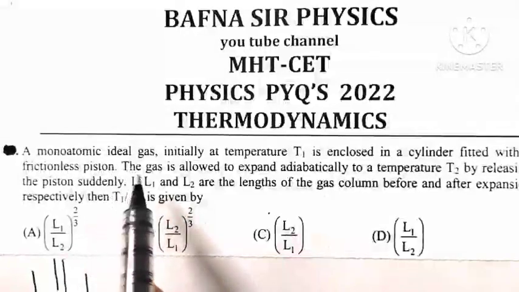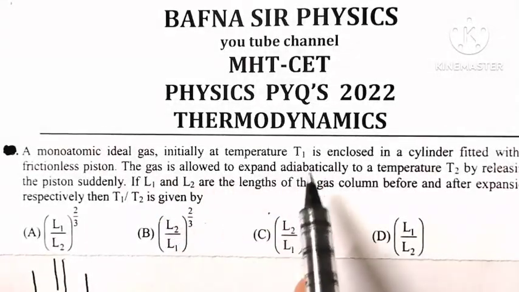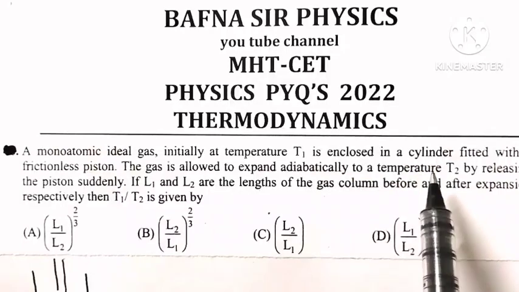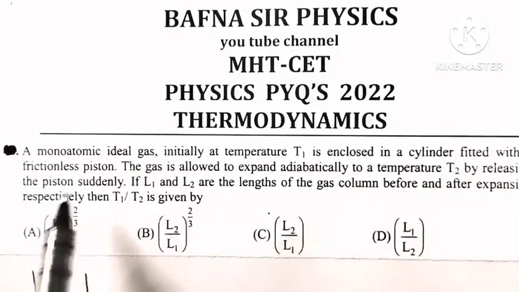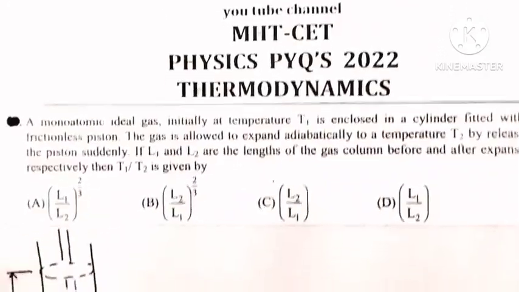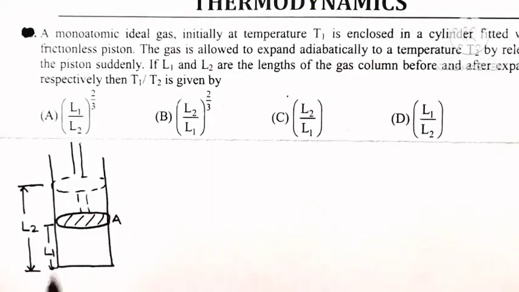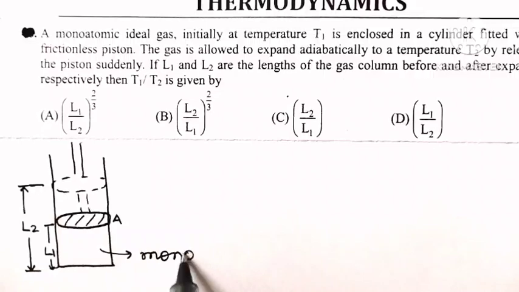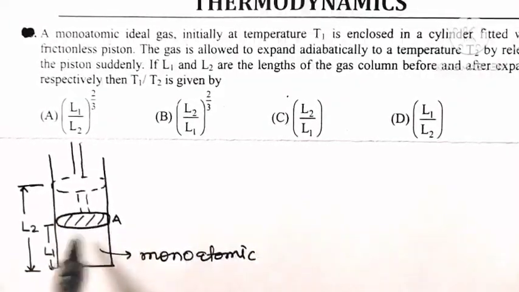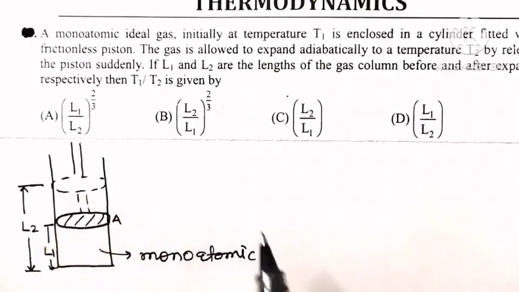A monoatomic ideal gas initially at temperature T1 is enclosed in a cylinder fitted with a frictionless piston. So look at this. Suppose inside this cylinder we have a monoatomic gas, and here that frictionless piston is present.